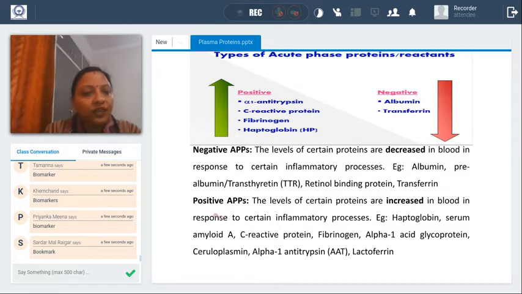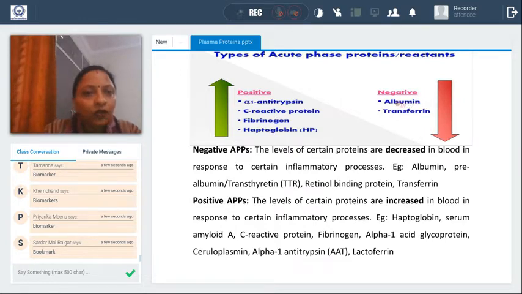And what are the positive APPs? The levels of certain proteins are increased in blood in response to certain inflammatory processes. Examples are haptoglobin, serum amyloid A, C-reactive protein, fibrinogen, alpha-1 acid glycoprotein, ceruloplasmin, alpha-1 antitrypsin, and lactoferrin. So these are the positive APPs and these are the negative APPs.